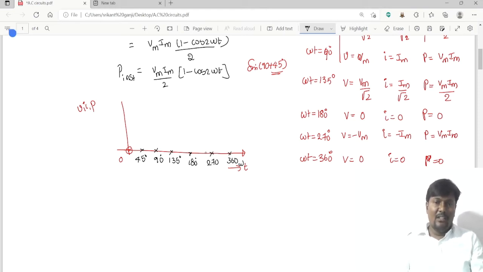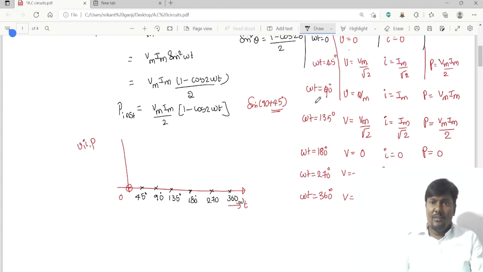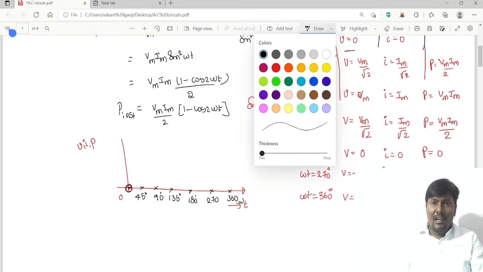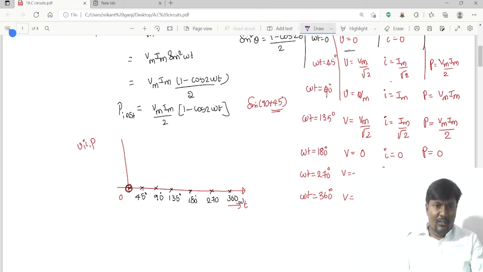You can take 215 degrees like that also. At 0 degrees the voltage is 0, as the magnitude of the voltage is 0. At 45 degrees, V is equal to V max by root 2. At 90, V is equal to V maximum.